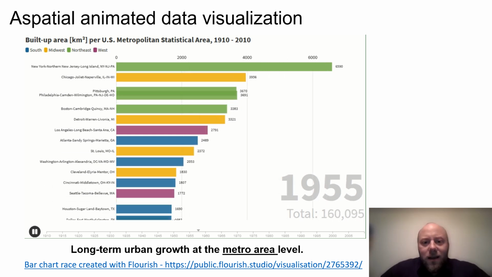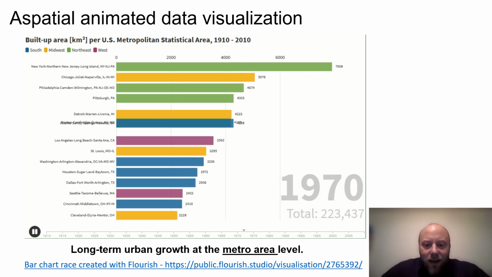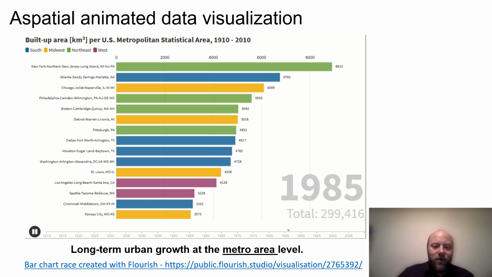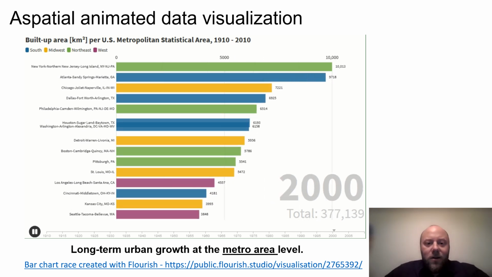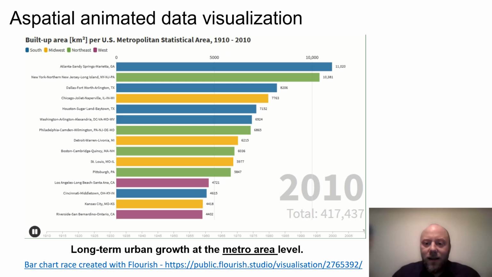So it's basically a set of bar charts for different points in time, right? And what we show here is based on the data that I've shown earlier. So we know the built-up area for each US metro area for each point in time, right? So we can generate such a bar chart race.